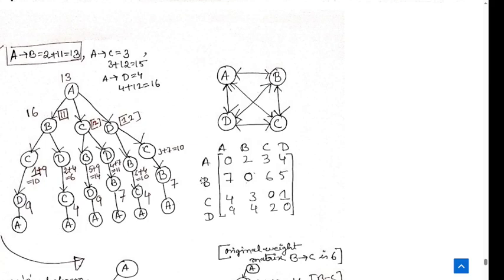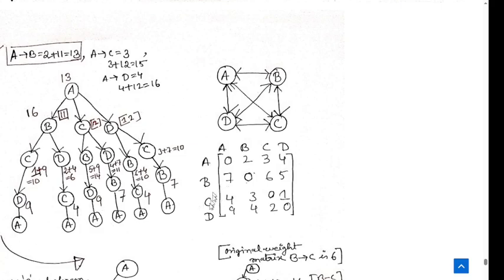In the last leaf node, that means when the salesperson is visiting the starting city again, coming back to the starting city. So D to A, the distance is 9, so we'll write here 9. C to A distance is 4, we'll write here 4.